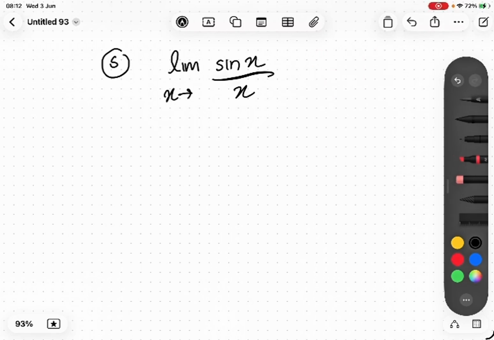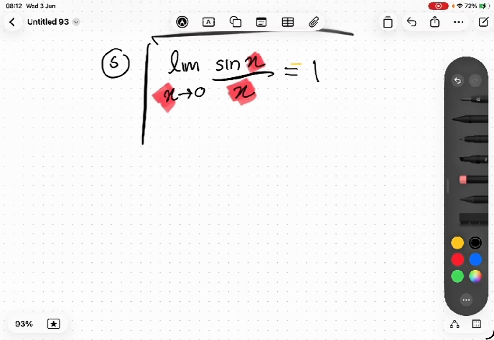Now you understand the format here. See, sine x over x when x tends to 0. If it is the way that you have, then your answer will definitely be 1. Your answer is equal to 1.